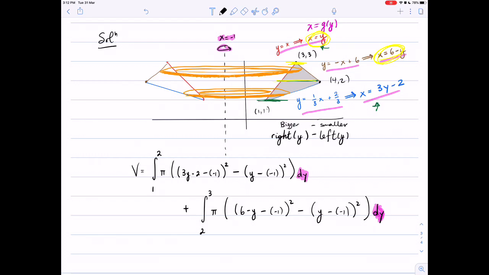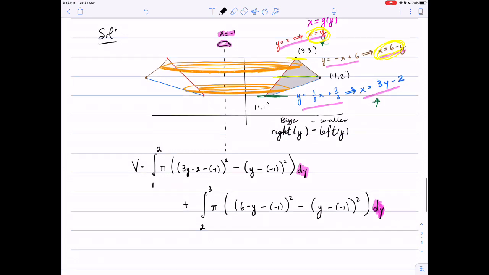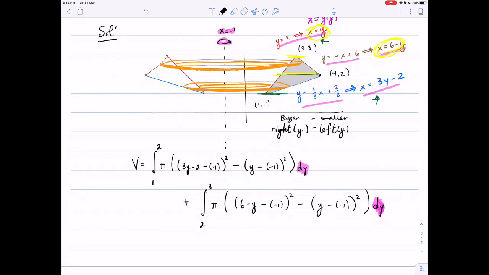So we're always doing right minus left. Now our axis of revolution is x is equal to minus 1. So we are doing exactly the formula: the integral from a to b of pi times the big radius squared minus the small radius squared, dy this time.